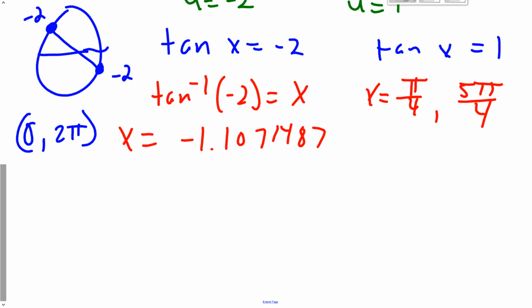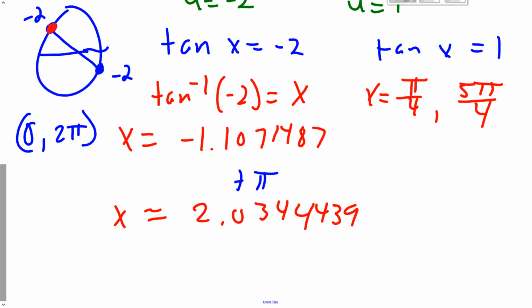So if I add pi to this, I will get that positive angle. So if I add that, then I would get 2.0344439 approximately.